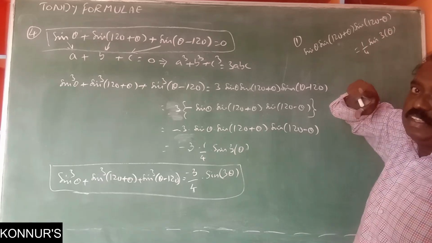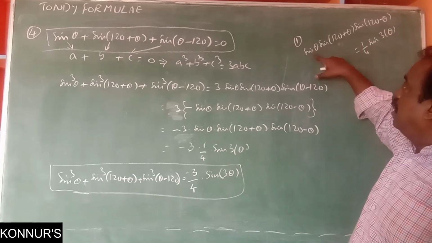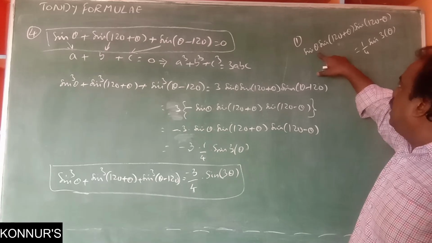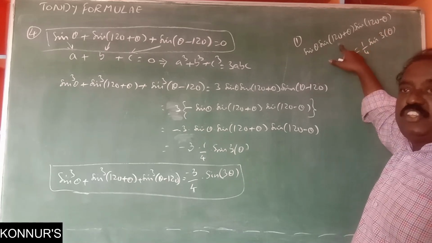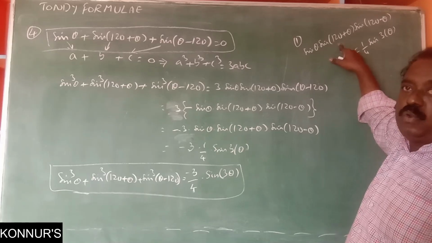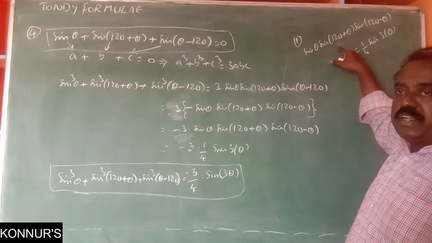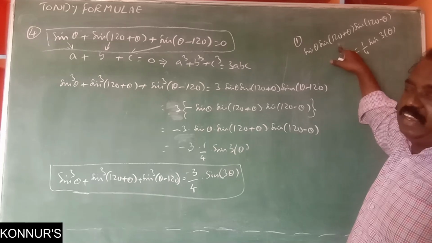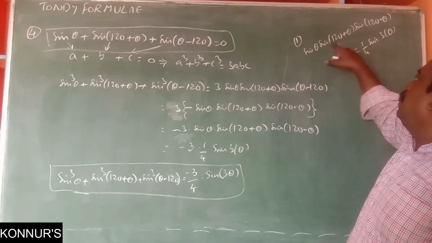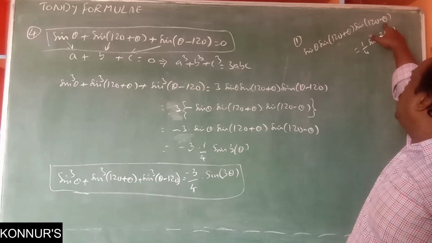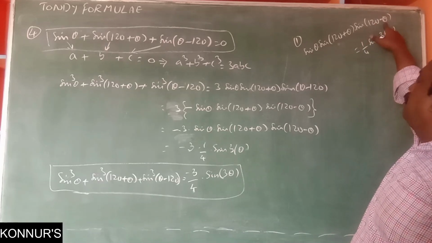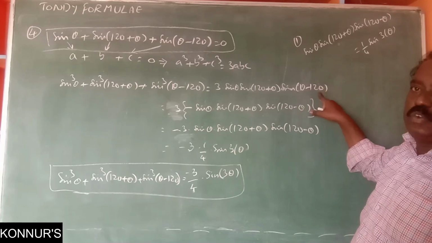Clearly I am telling you, in the first formula, theta, 60 plus theta, 60 minus theta is there. That 60 can be changed to 120, and 180 as 300. So by the first formula it is 120 minus theta, but here it is theta minus 120.